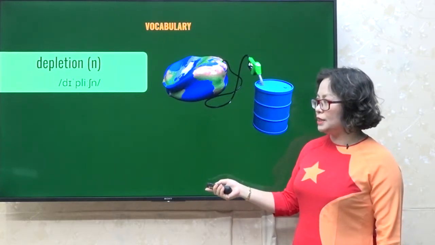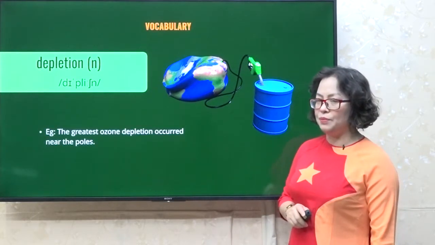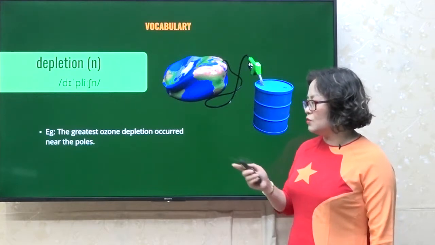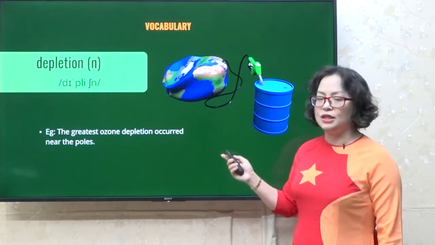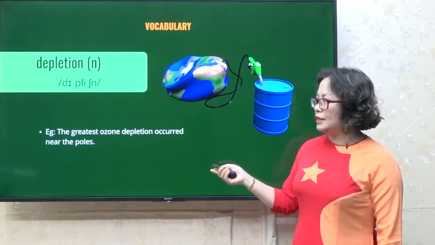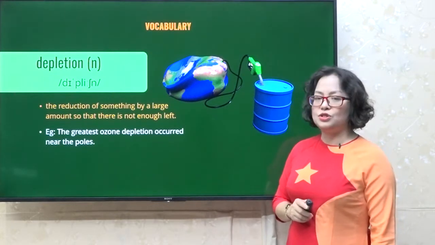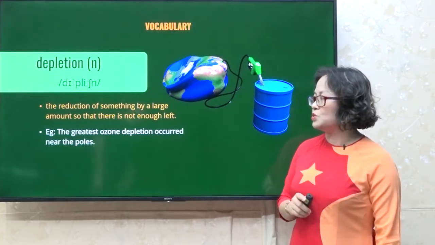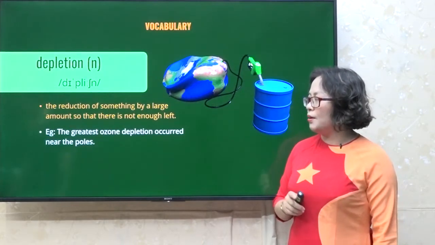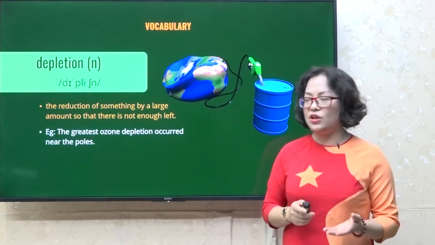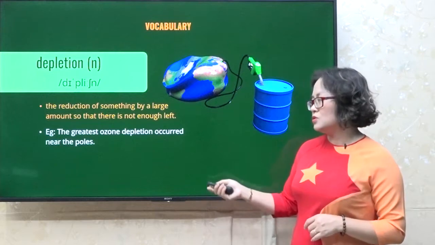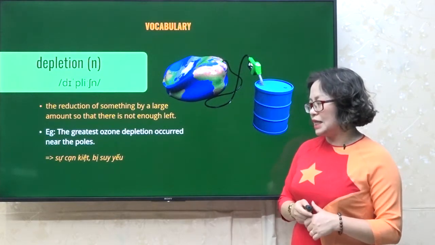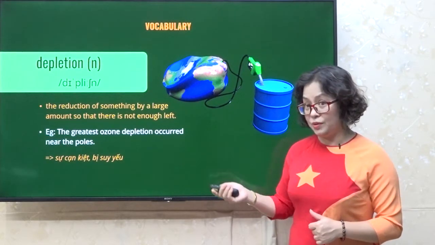So, depletion, I have an example. The greatest ozone depletion occurred near the poles, and depletion refers to the reduction of something by a large amount so that there is not enough left. So it means sự cạn kiệt, bị suy yếu in Vietnamese.